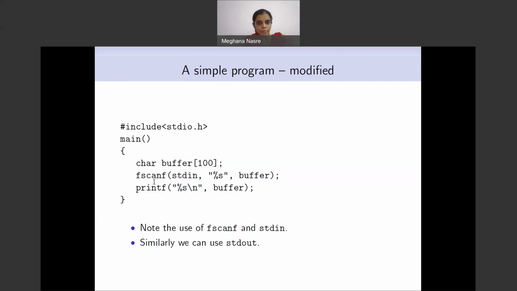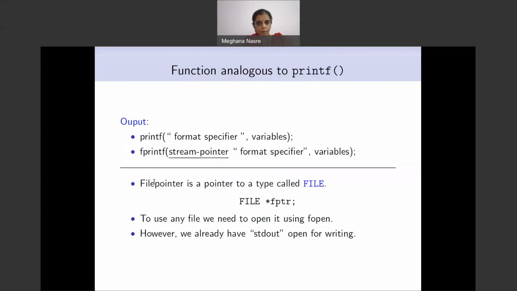So you may expect that with a similar analog, you are going to replace printf, and that is exactly what we are going to do. We are going to replace printf with fprintf, which will have a first argument that is a stream pointer. So the function analogous to printf is going to be fprintf, and it is going to print to a particular stream.